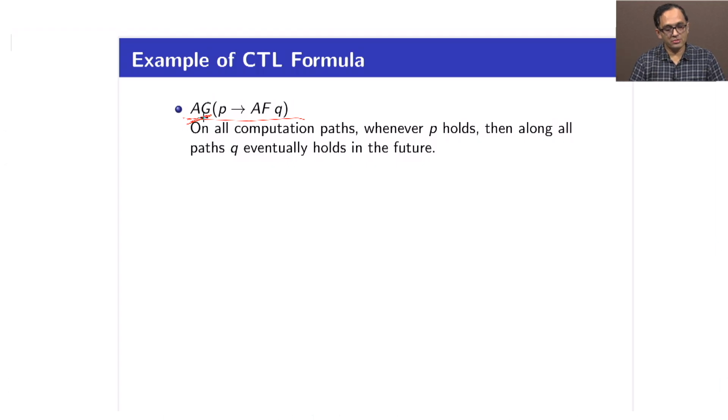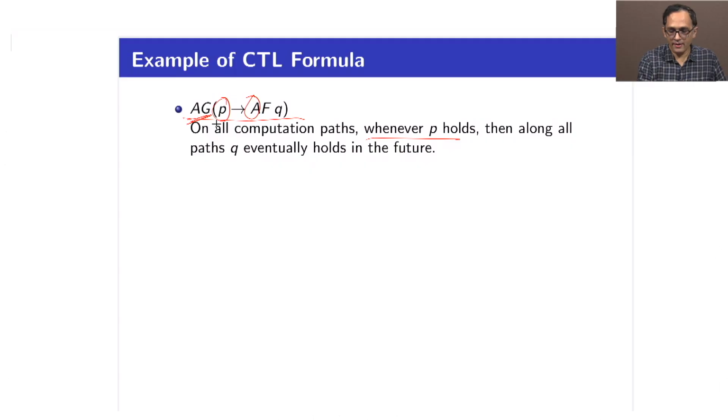In all paths globally, whenever P holds from that state, I basically can think about it may happen in some future state, it is not that it has to hold everywhere, but whenever P holds from that state, right, on all paths Q should eventually hold in future.